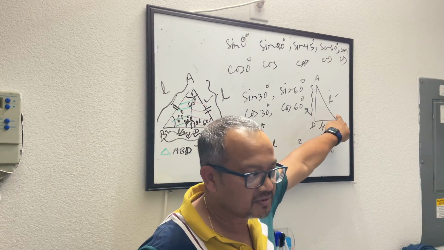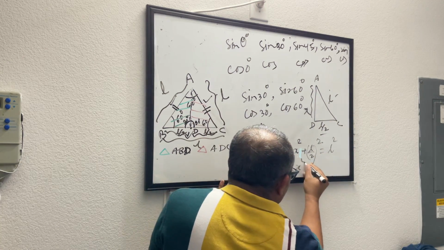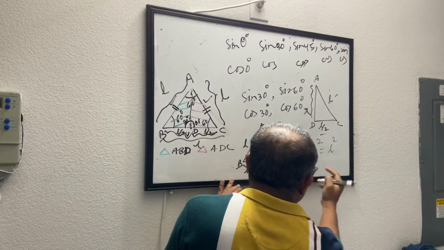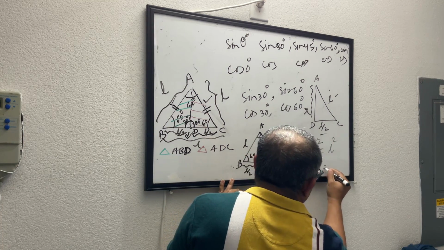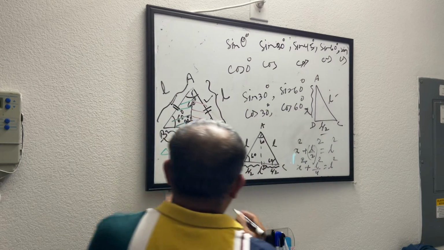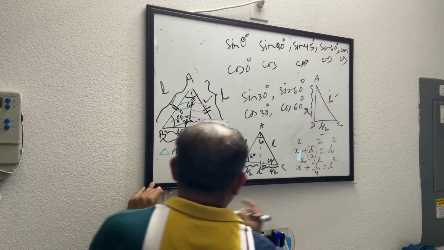Pythagoras theorem. Everybody? So x square plus L by 2 whole square will become L square by 4, equal to L square, and hence x square equals L square minus L square over 4.